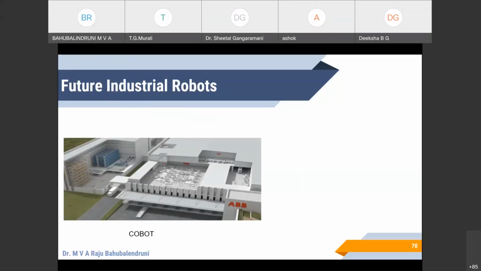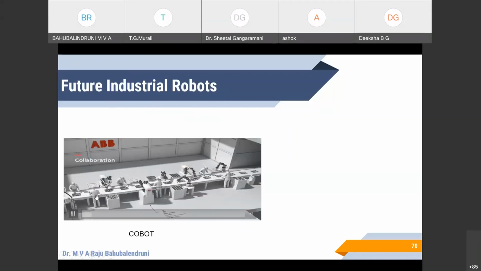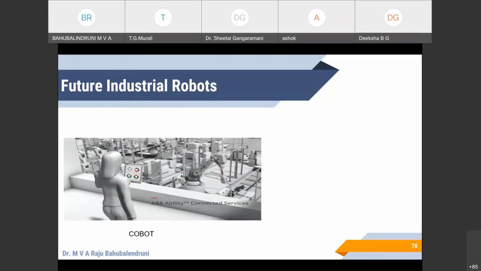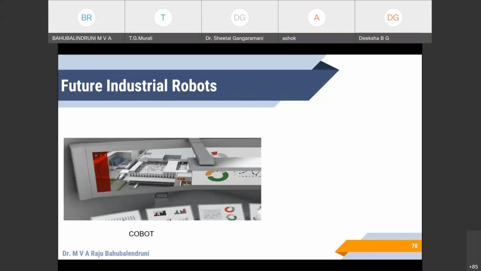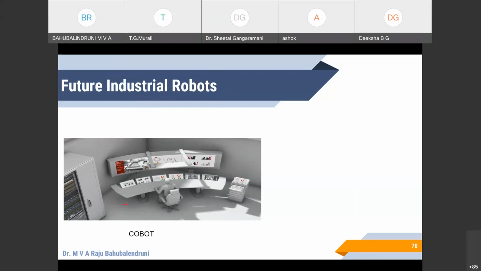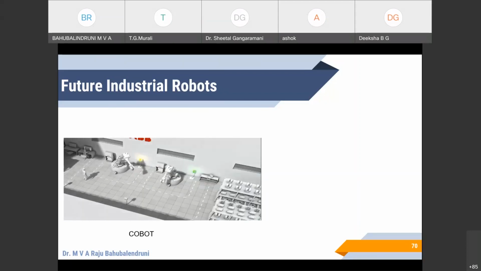This is from ABB Cobots. You can see the machine flow line. The reason here, when you use the cobots, the workspace is so much reconfigurable. And it is so flexible. And day to day, we are coming up with new methodologies, new manufacturing processes, new products.